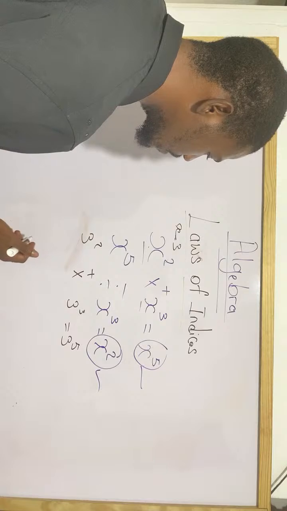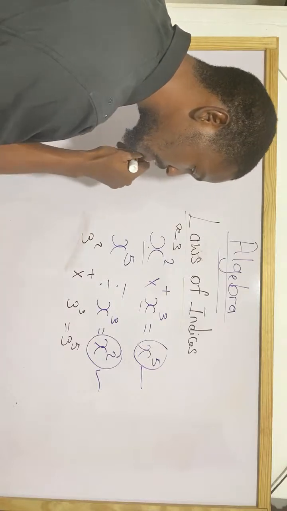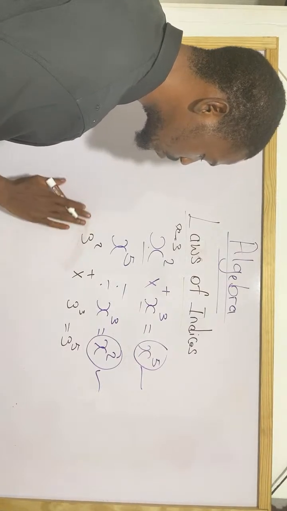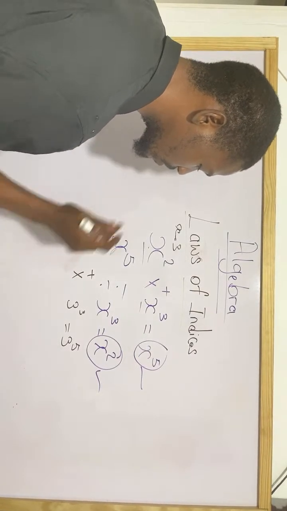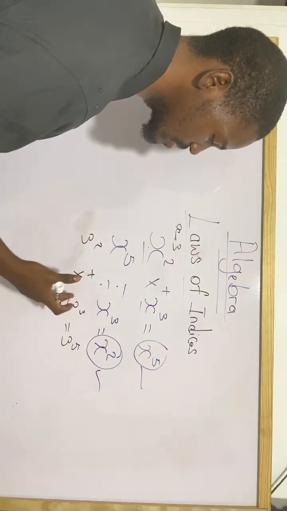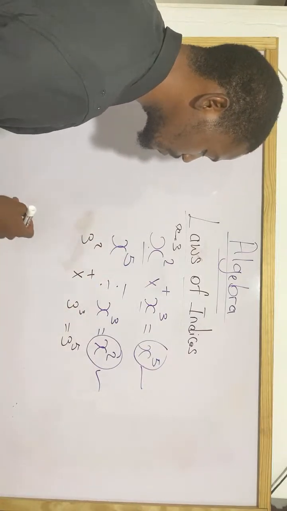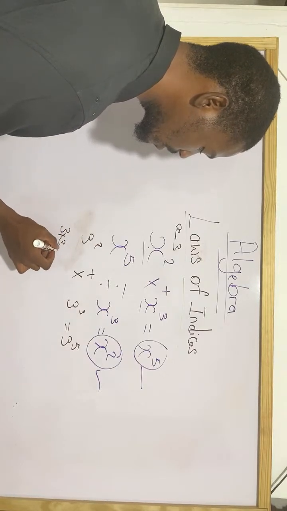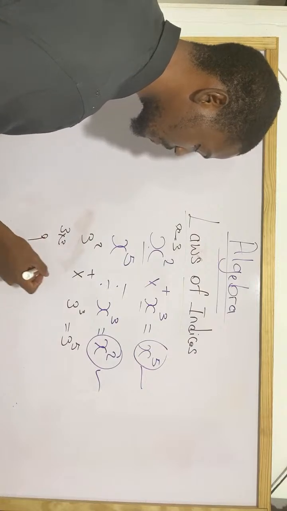Now let us look further. Suppose someone throws a question and says, but how does this make sense? Let us talk about how it makes sense. 3 squared means 3 times 3, which is 9.